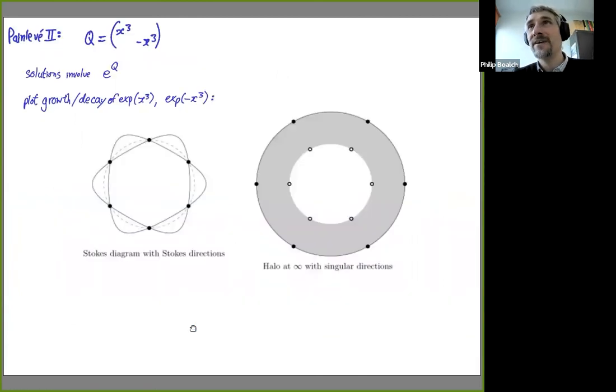So let me just end, if I can take a minute extra, to go through a few basic examples. For instance, for Painlevé 2, we had this affine A1 picture before. We can look at the Stokes diagram, which gives the growth and decay of the exponential factors. We can draw this, and then Stokes would have these sort of gluing.